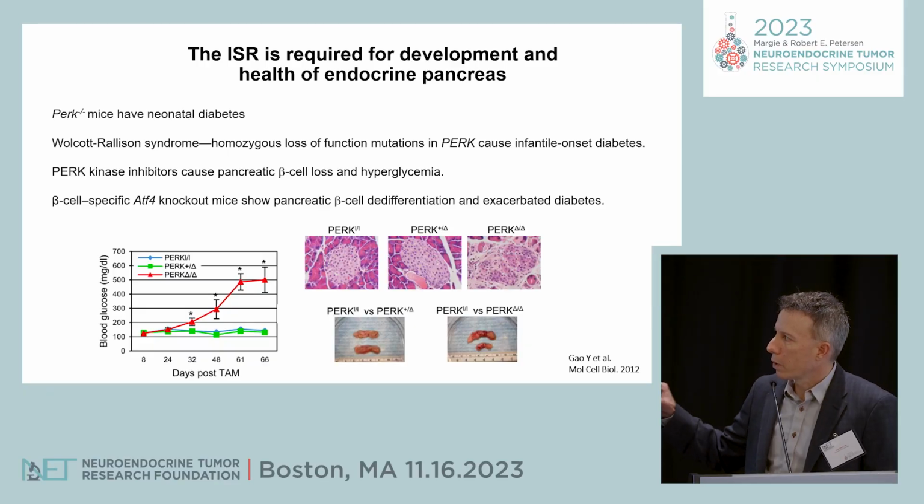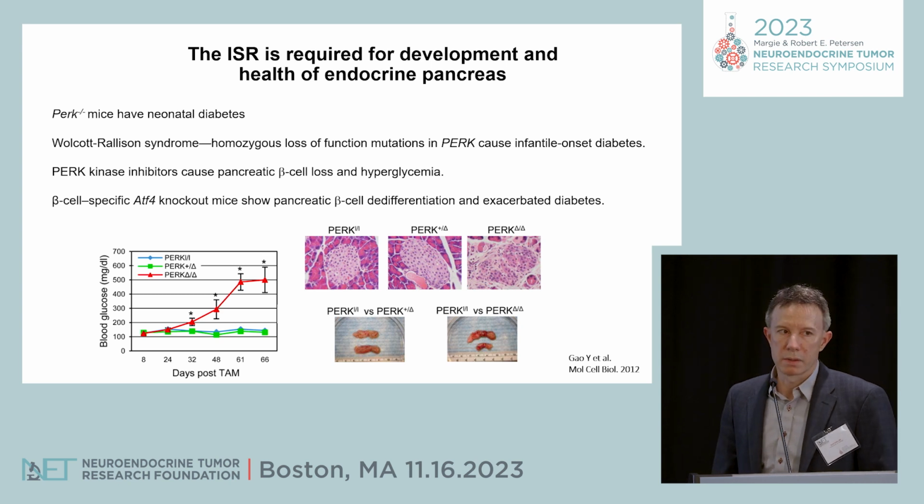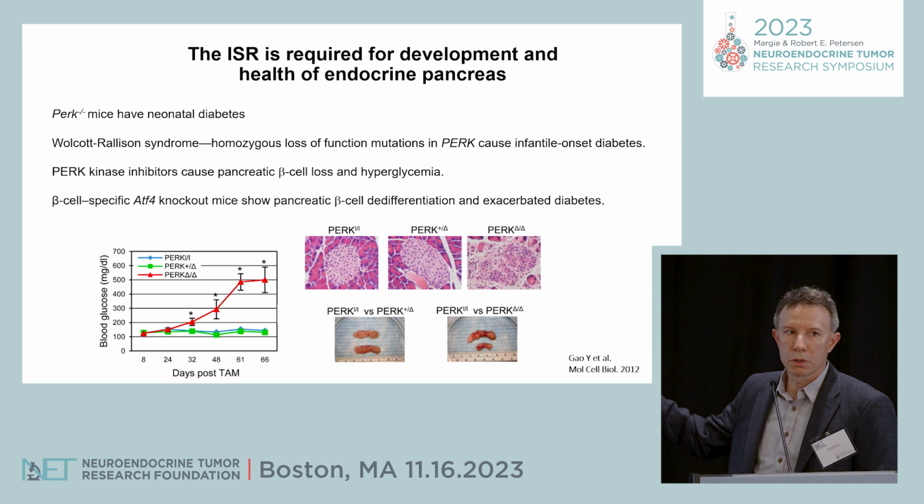But as soon as the mouse or the baby is born, the pancreas has to go to work. And what happens in these mice is that within a few weeks of birth, all their pancreatic beta cells die and they get diabetes. Now, this looks very similar to a rare human syndrome called Wilcox-Rallison syndrome, in which humans inherit homozygous loss of function mutations in PERK.